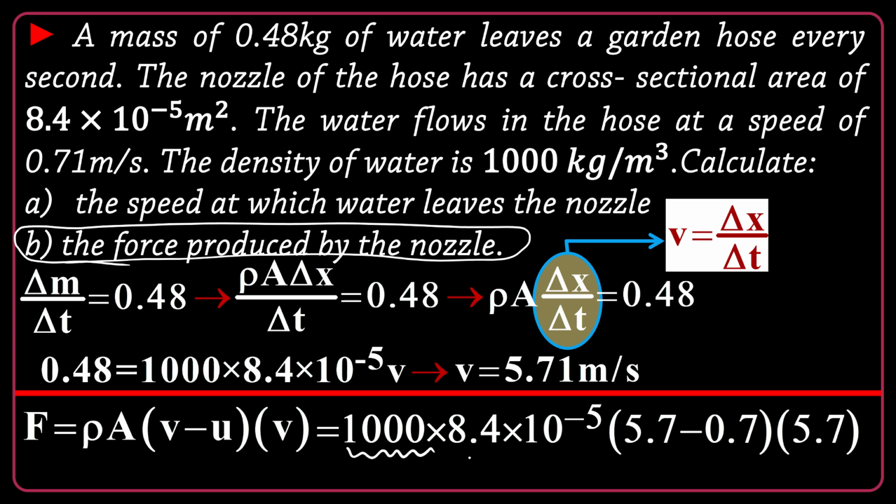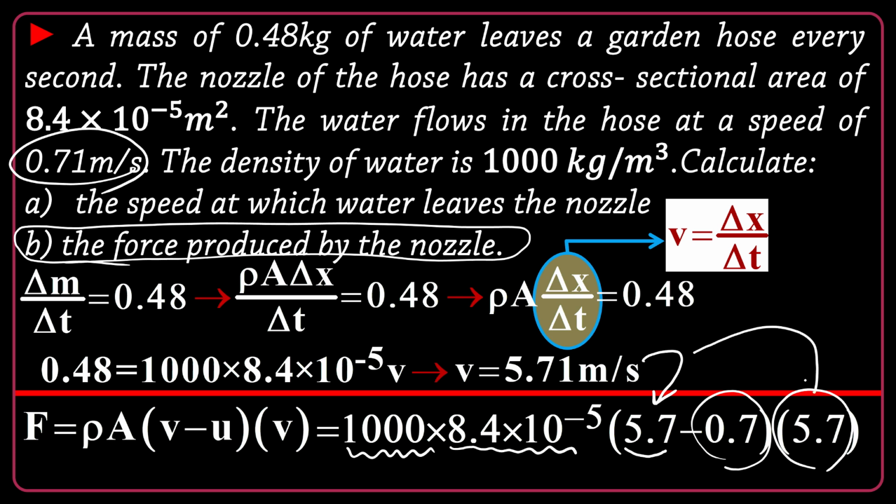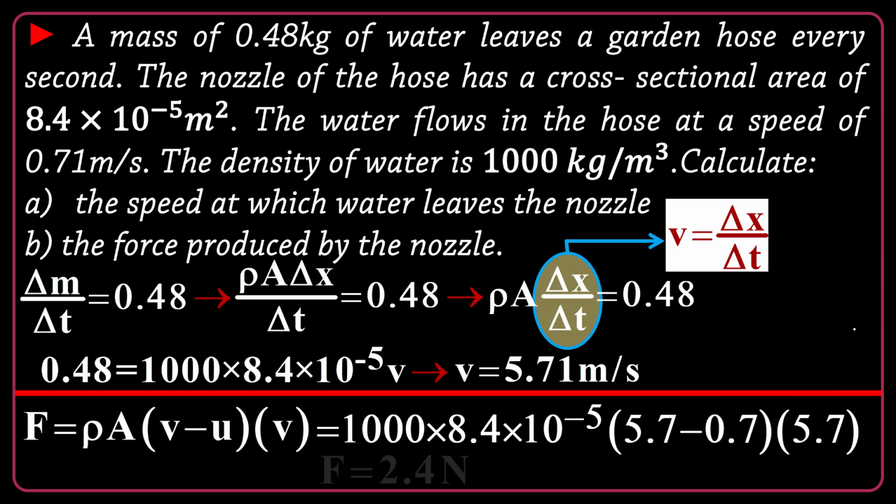Density of the water here, the cross-sectional area of the output, V minus U. V is something that we have already imported from the previous part A. 0.7 is given here, and I've rounded it to be 0.7 instead of 0.71. 5.7 again, the same output speed. So the answer is going to be 2.4 Newton. The force, the action or reaction force, generated due to the change of momentum of the water inside the hose.